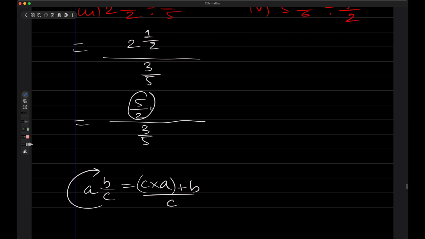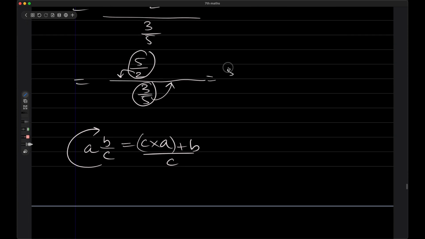Now for all the fractions, send the denominator to the opposite side of the division line, that is equal to 5 as it is, send 2 to the denominator, and 3 as it is, send 5 to the opposite side of the division line, that is equal to 25 divided by 6 as the answer.